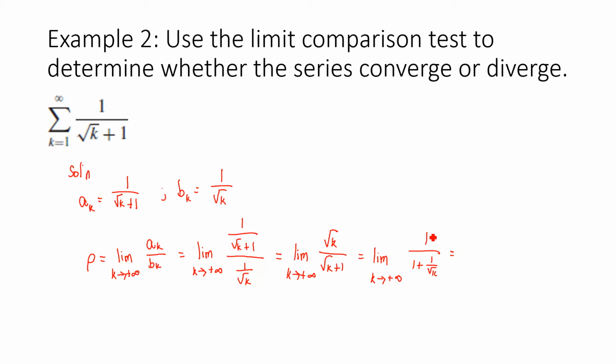So we have 1 over 1 plus 0, which is equal to 1. Therefore, since rho is finite and positive, it follows from the theorem that the given series diverges.